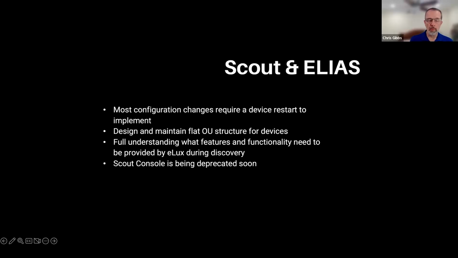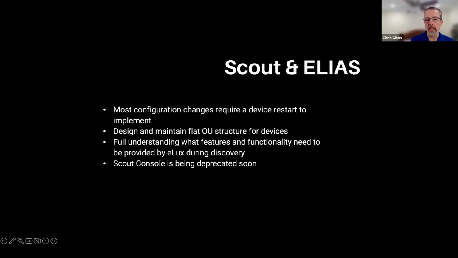Also, when you're going into this, have a full understanding of the features and functionality. Eduardo touched on this. Elias has all these different packages, and I alluded to a couple of them, like with Imprivata, Fluendo and GStreamer.